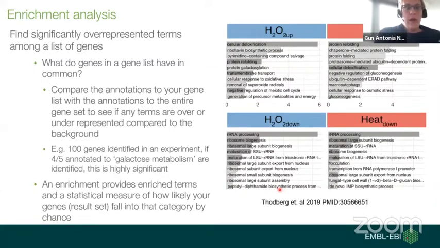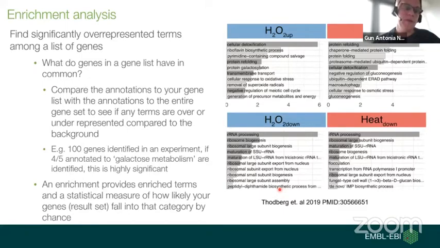So you compare the annotations to your gene list with the annotations in the entire gene set to see if you have any terms that are over or under represented compared to the background. So for example, if you have done a screen and you identify 100 genes, if you've identified 4 out of 5 genes that are annotated to galactose metabolism, this is significant.